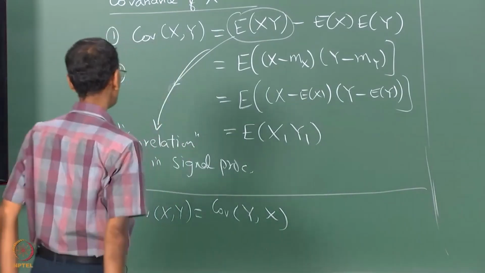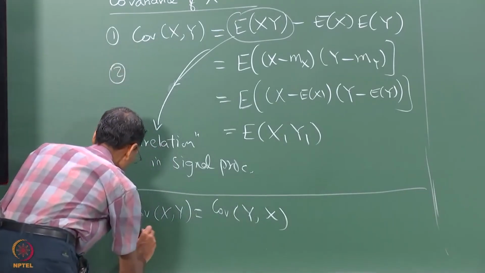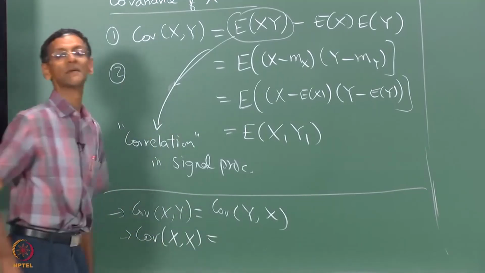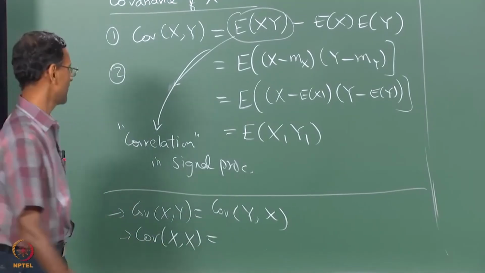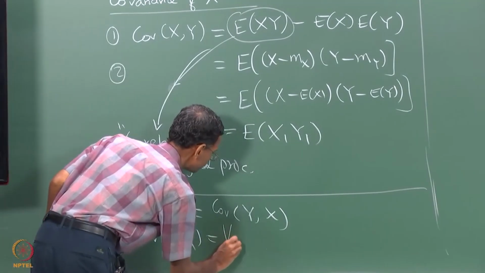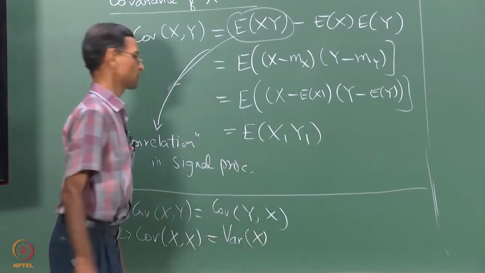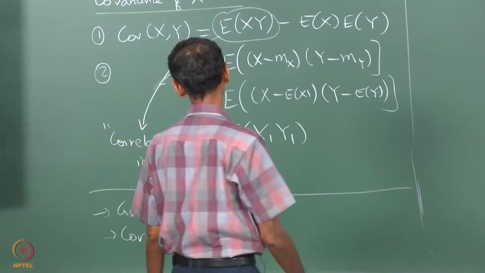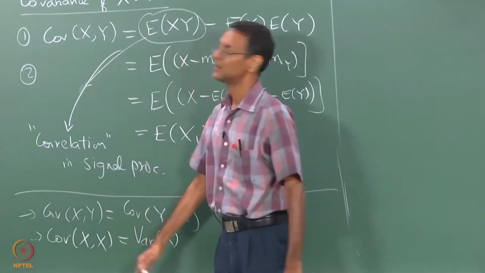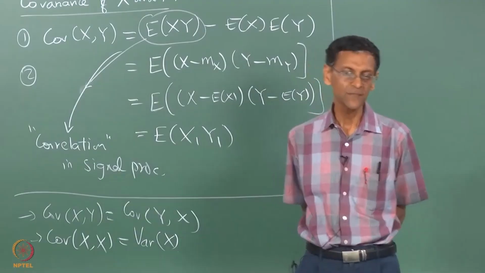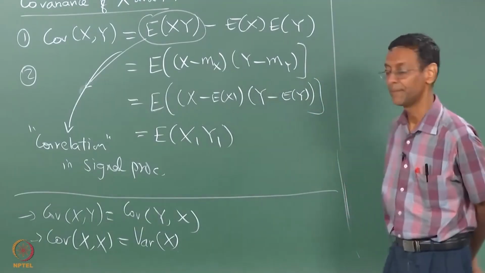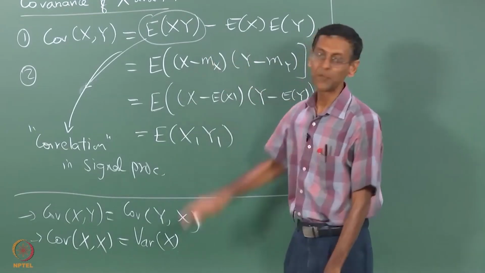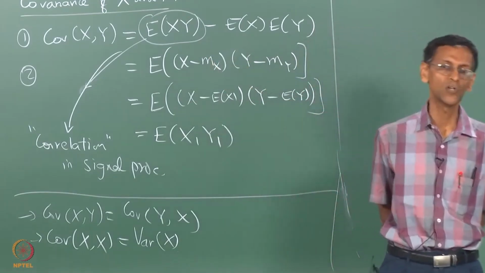And what is the covariance of x comma x? The variance of x. So there is no problem in taking the covariance of x with itself, you get back the variance of x. But in general, covariance can be positive or negative, as we will see, or 0.